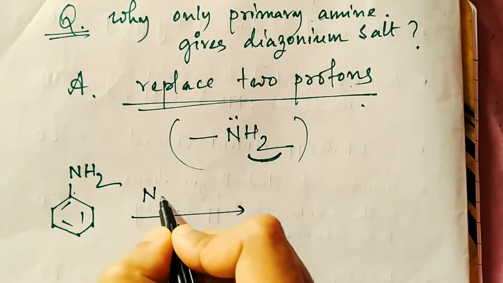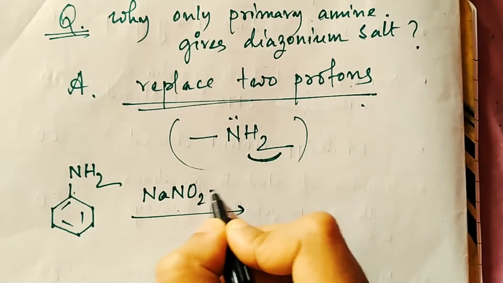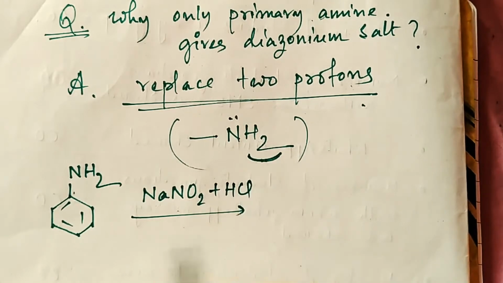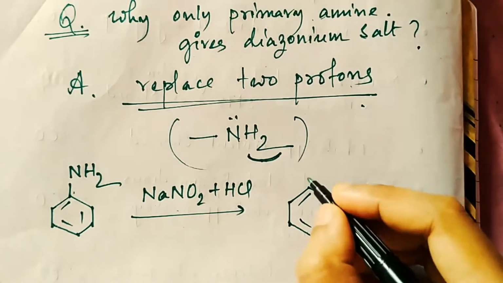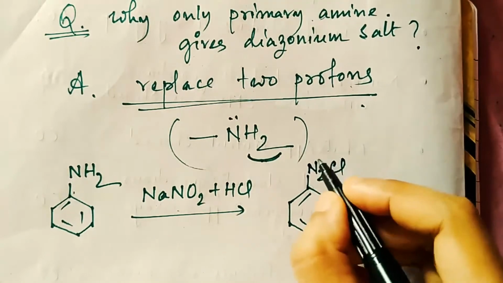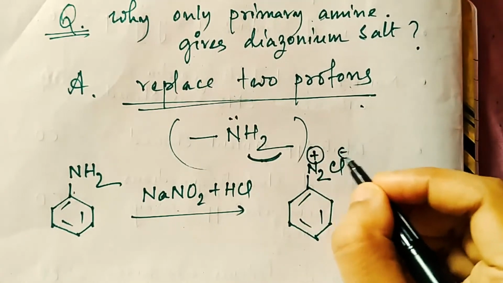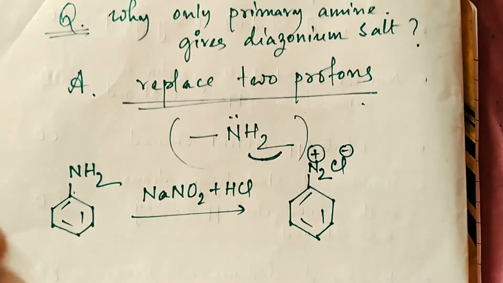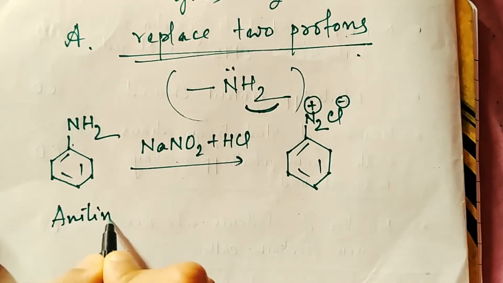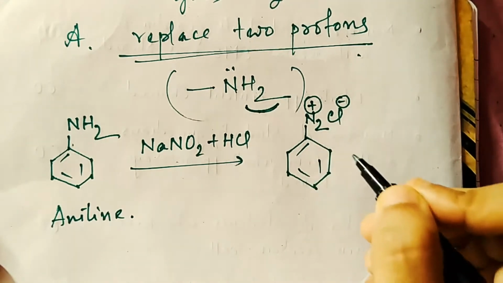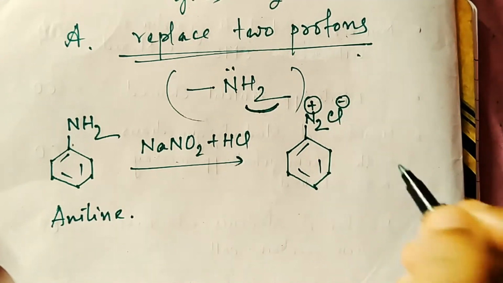The reagent is NaNO2 plus HCl. Then the product will be diazonium salt, C6H5N2+ Cl−, with a plus sign on N2 and a minus sign on Cl.